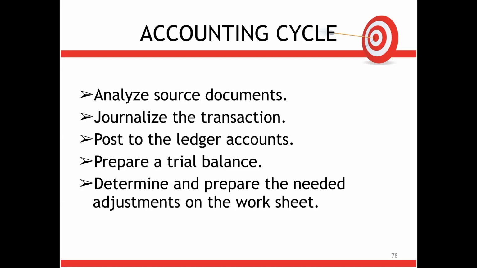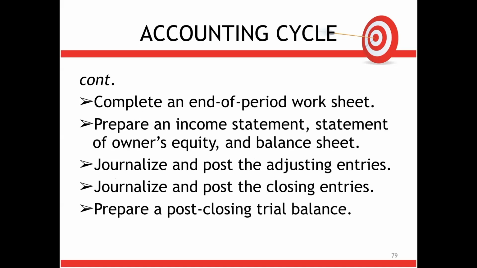First, analyze source documents. Second, journalize the transaction. Third, post to the general ledgers or ledger accounts and prepare a trial balance. After that, at the end of the period, we have to determine and prepare the needed adjustments on the worksheet. Then complete an end of period worksheet.